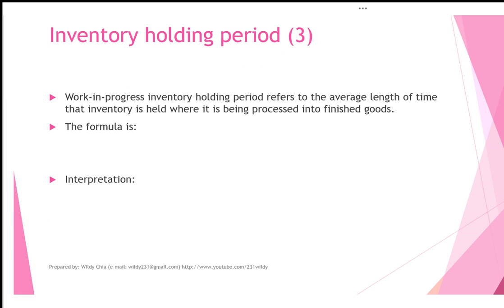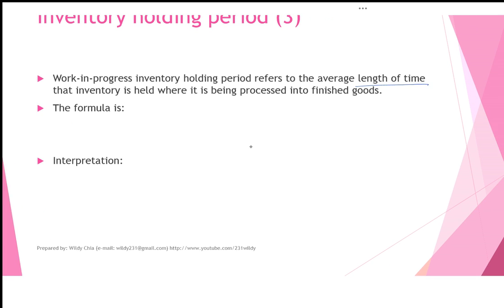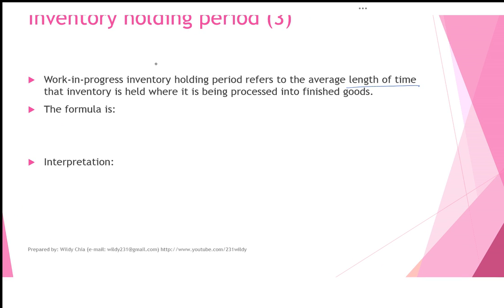Now, the work in progress holding period is basically a bit different. It comes after the material holding period. It measures the length of time that inventory is held, right, while it is being processed into finished goods. So that's what it means.